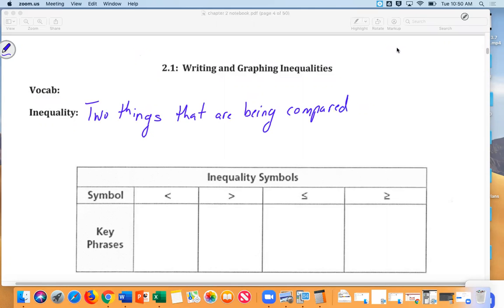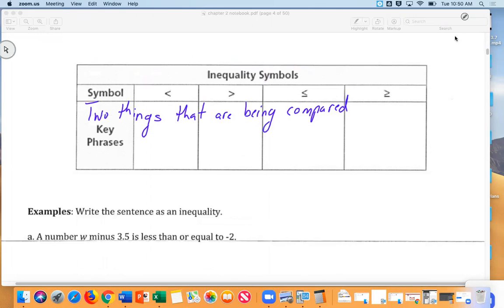When we compare two things, we say they aren't equal, and therefore one thing is larger than another, or they are equal. With inequalities, notice we've got less than, greater than, less than or equal to, or greater than or equal to. And these are some key phrases, and I'm going to try and give you as many of them as I can.